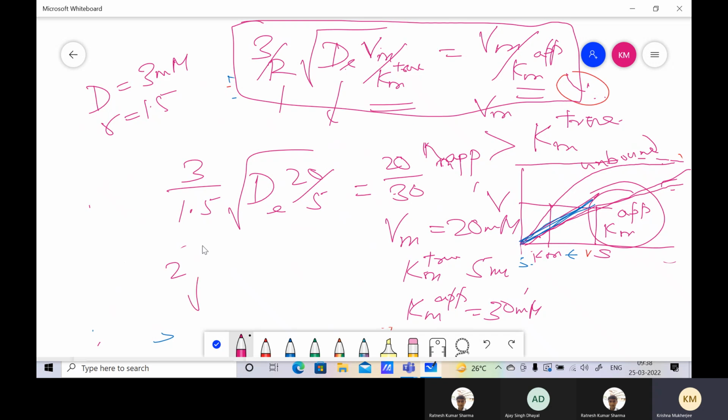So 2 root 4 DE is equal to 0.66, right? So the 4 came out, this 2 came out, so 4 root DE is equal to 2 by 3, and so you know what is DE equal to?